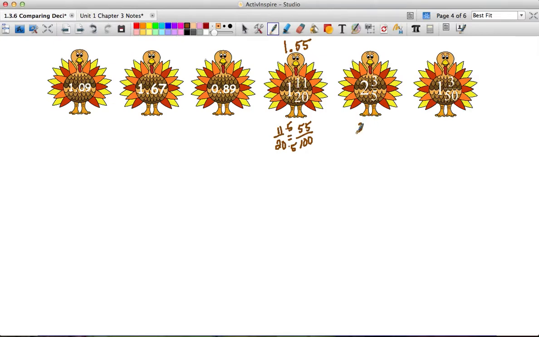My 3/5ths, if I remember from before, I can multiply them both by 2 and I get 6/10ths. But again, this is 2 and 6/10ths, and I want to write it as a decimal. And then my 3/50ths was actually 6/100ths because I multiplied them both by 2. But this is 1 and 6/100ths.